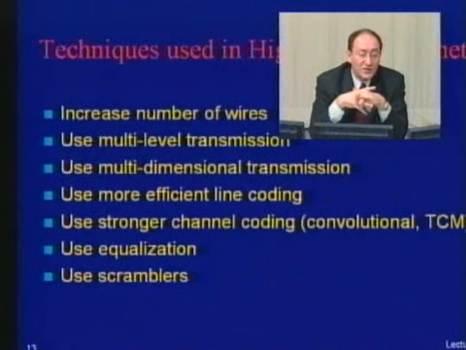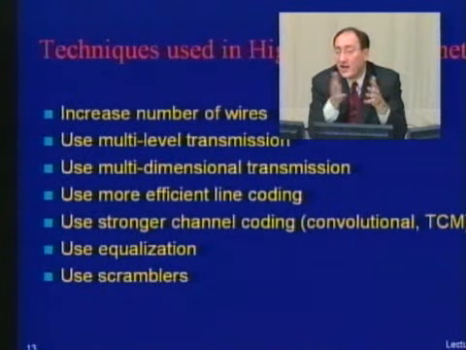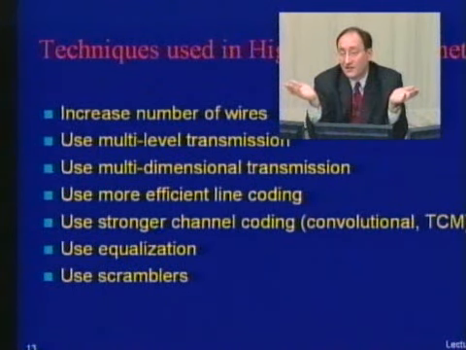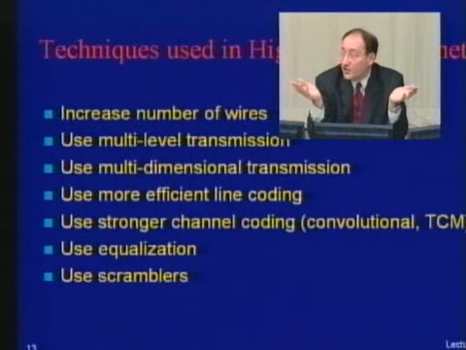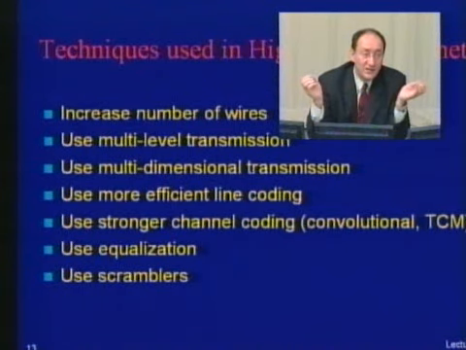Another one that they use, they go to stronger channel coding techniques. What was the channel coding technique that you had so far? It was just the CRC codes. You only had CRC codes, which was used for the MAC layer, actually.